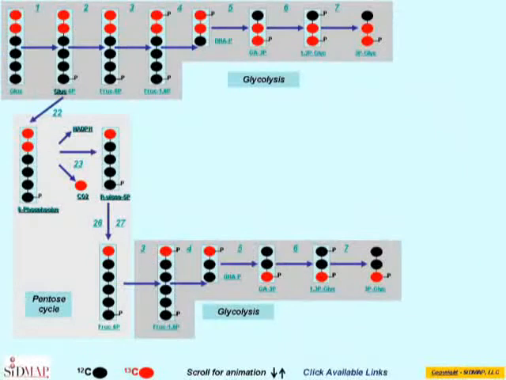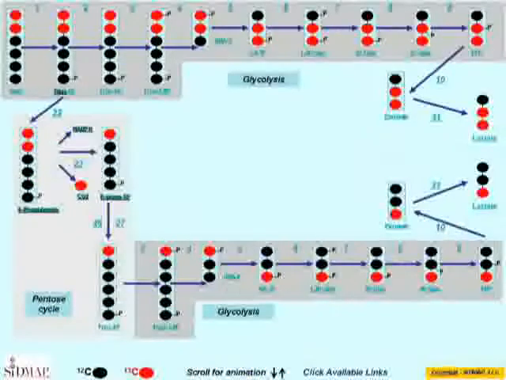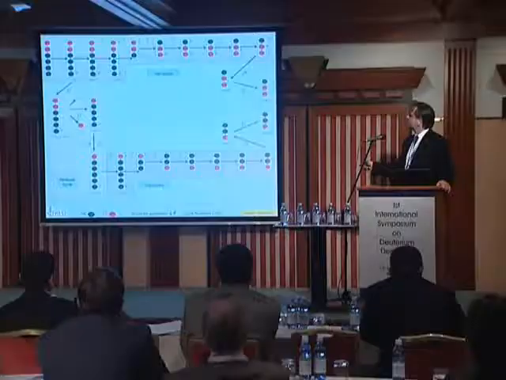But what's really interesting is that lactate that is produced through glycolysis directly is going to have 2 carbon substitutions in the second and third carbon of lactate in the plasma or in the media, while glucose that goes through the oxidative branch of the pentose cycle and goes through glycolysis will have only 1 carbon substitution.